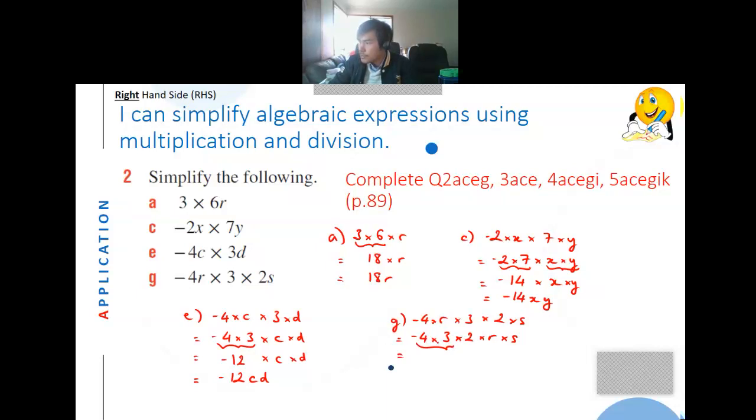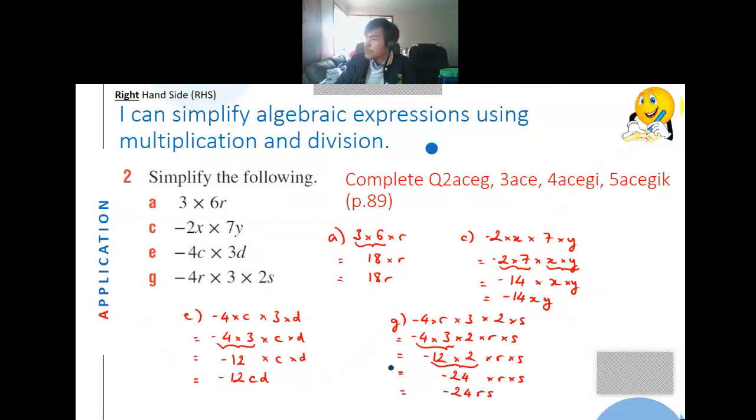First -4 times 3: a negative and a positive is a negative. 4 times 3 is 12, so -12 times 2 times r times s. Then -12 times 2: negative times a positive is a negative. 12 times 2 is 24, so -24 times r times s. Then just hide the multiplication sign and we get -24rs.